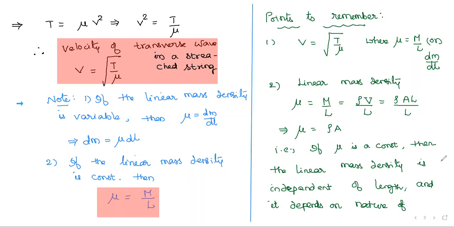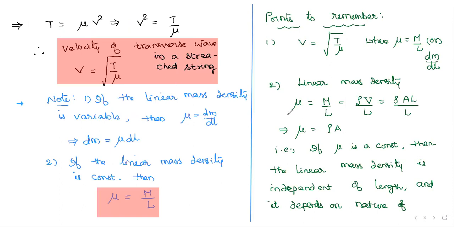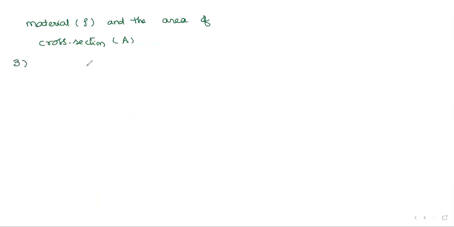And the tension you can write from the mechanical properties of matter, not thermal properties. So, third point, I write: for a given wire, whose length is more and area of cross section is less, the modulus is Young's modulus.